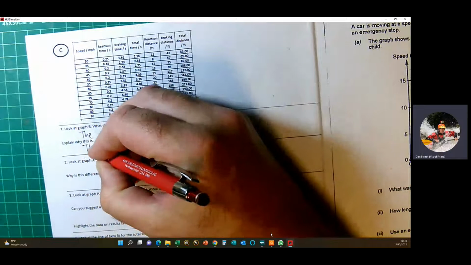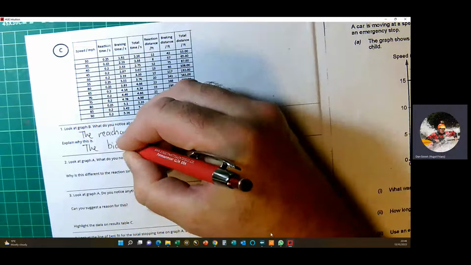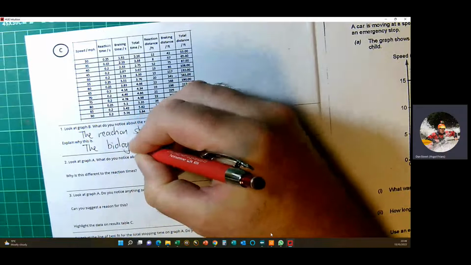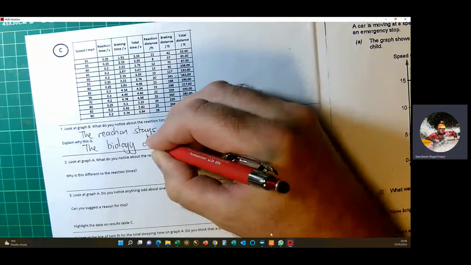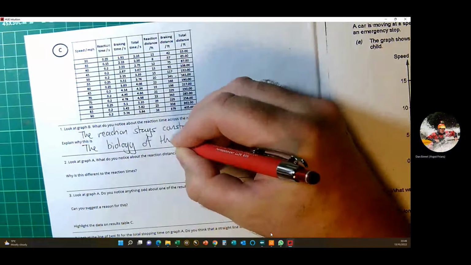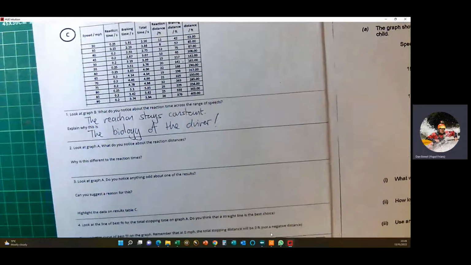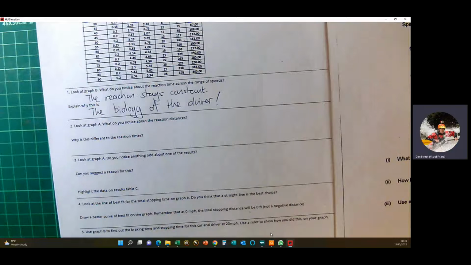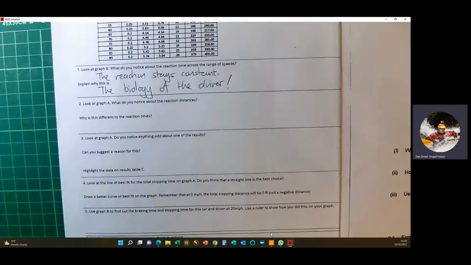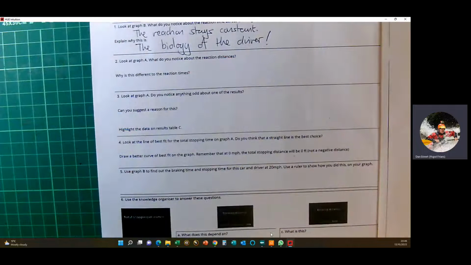Basically, the driver themselves reacts consistently quick, no matter what the situation. So, if we did an experiment to compare different drivers, we would find it's different for different drivers. However, an individual driver would have a reasonably consistent reaction time across all those speeds.